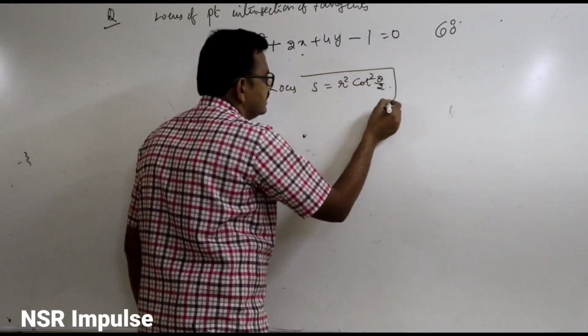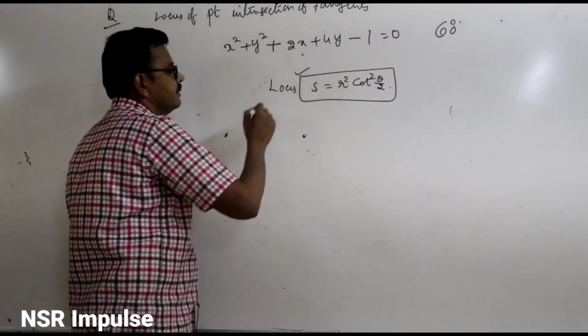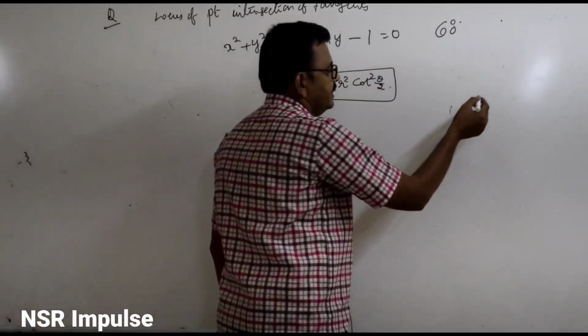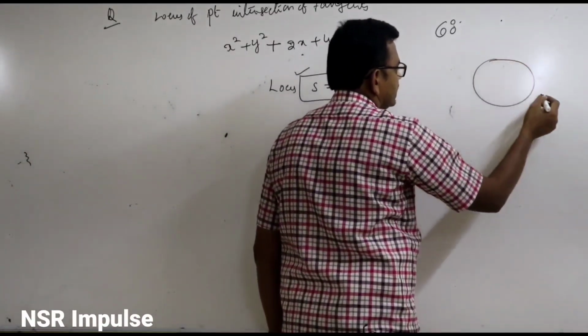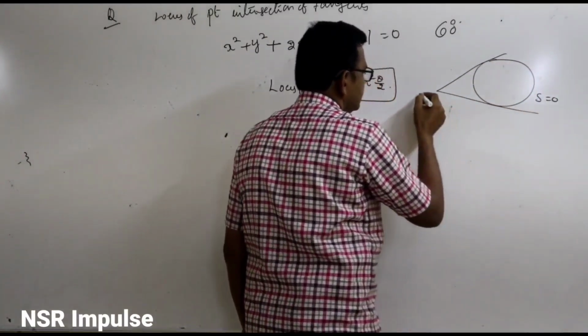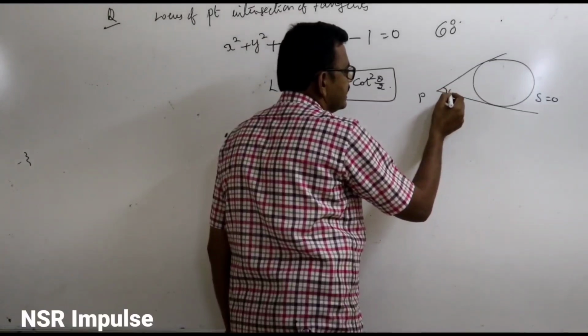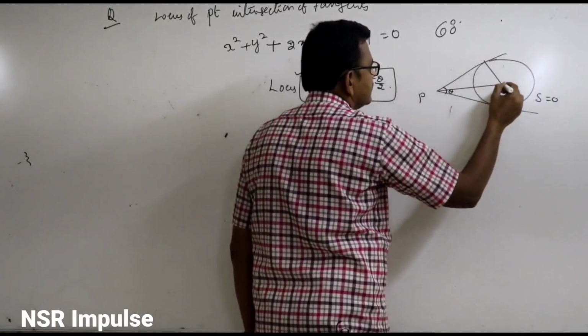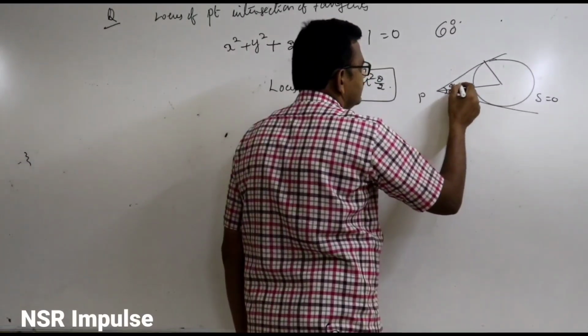In the previous class, we discussed the details of this one. See here, once again, I repeat. This is the circle S equal to 0, and the point is P. This makes an angle theta, and this is theta by 2.